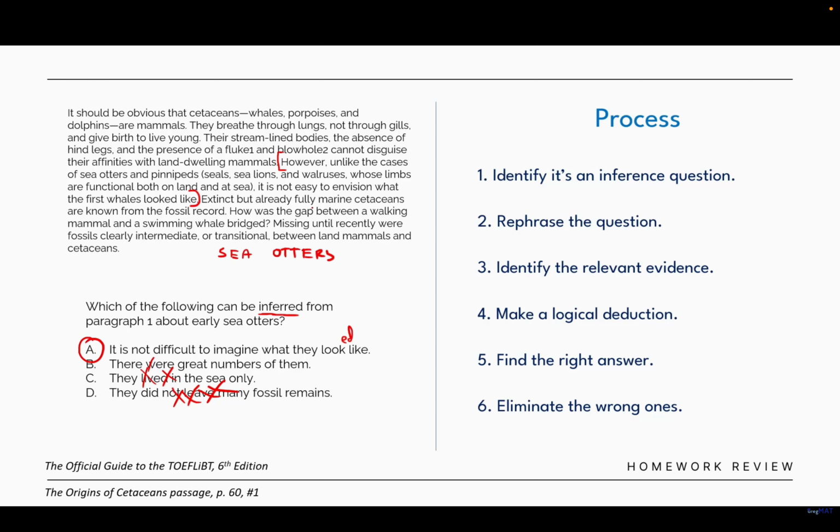No, all they say is that it's unlike the whales, right? That's the only information we have. What information does it give us about the whales? That they were mammals. No, I mean this part right here. If you look at this bracket from here to here, what does it say about the whales?